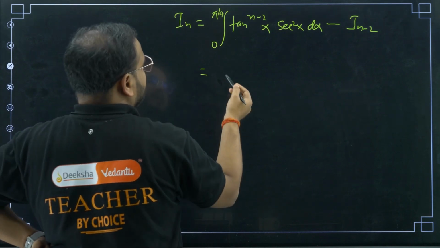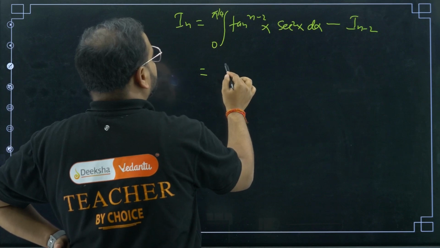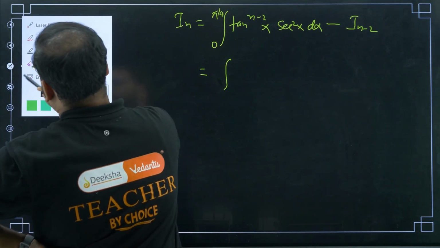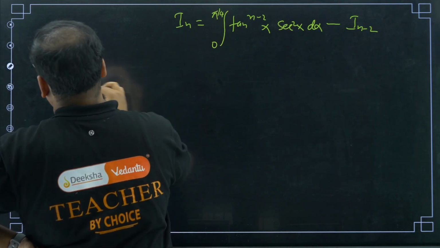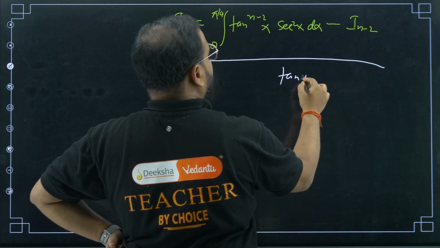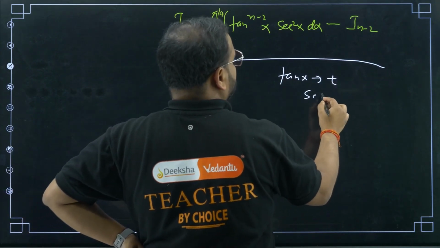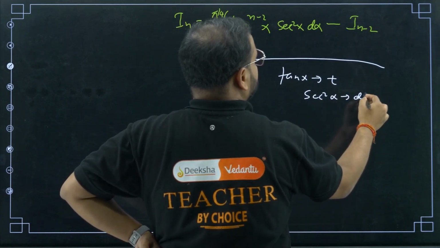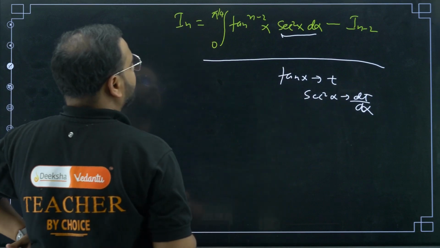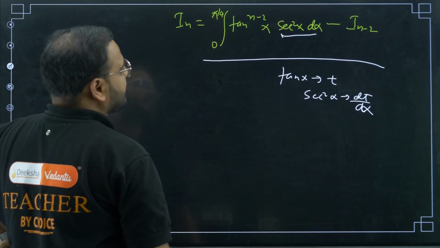Now I can take a small substitution over here. I can take tan x as t. So sec square x dx will be dt, the whole thing, dt by dx, right? So the whole thing will be dt. I will not change this limit, I don't have to; I'll write it back in terms of tan x.